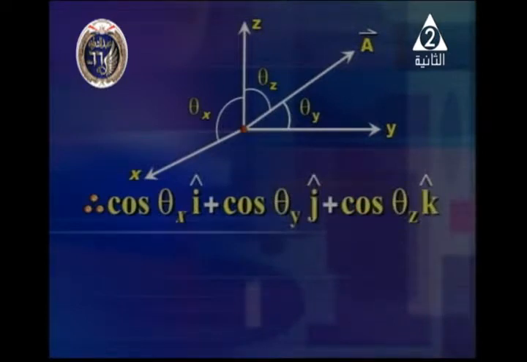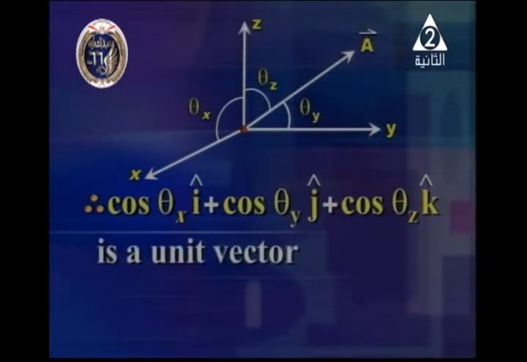Also, cosine theta x i plus cosine theta y j plus cosine theta z k is a unit vector. Why? Because vector A over its norm is the unit vector of A. Dear students, this example is very important.